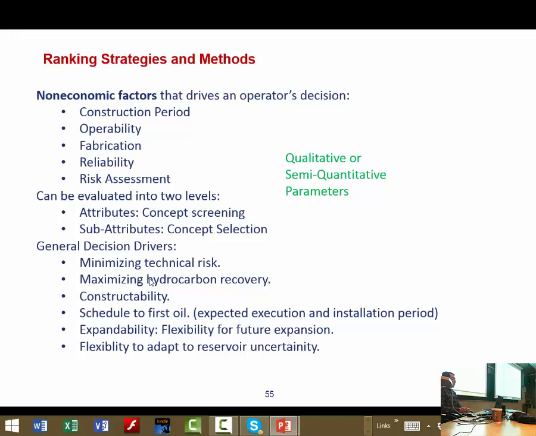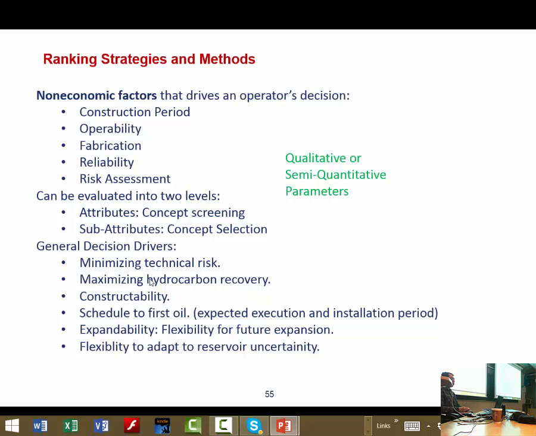So you also have several non-economic factors, or better to say, maybe qualitative parameters, which cannot be directly related to cost and time. And also they are the main drivers or decision drivers for operators, like construction period, operability, fabrication, reliability, and risk assessment.